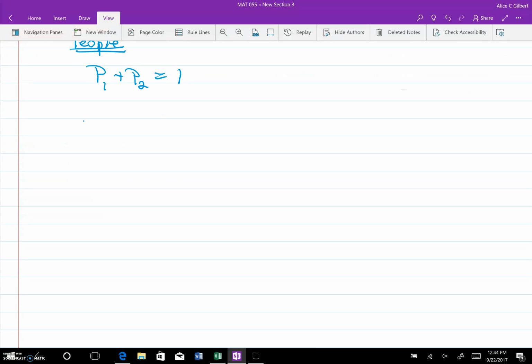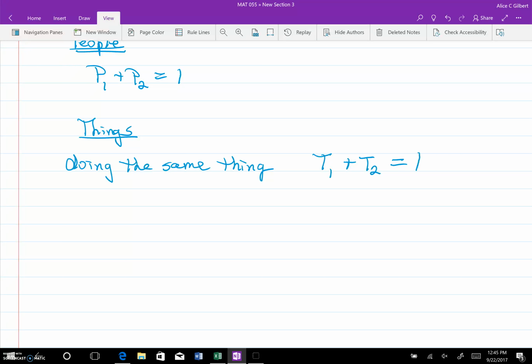If we are working with things, if those things are doing the same thing, then it's always thing 1 plus thing 2 equals 1 job accomplished.